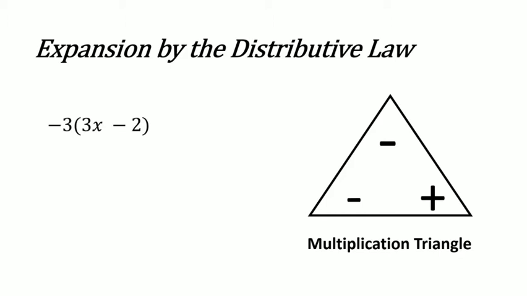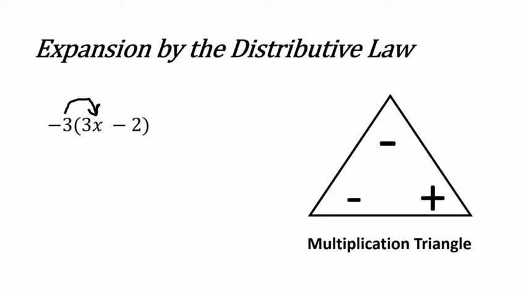Here's another example. Suppose I had negative 3 into (3x minus 2). Then I will multiply the negative 3 by the 3x. Careful here. We will multiply the signs first. The sign in front of the 3 outside of the bracket is negative, and the sign in front of the 3x inside the bracket is positive.